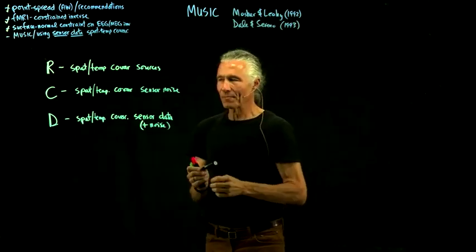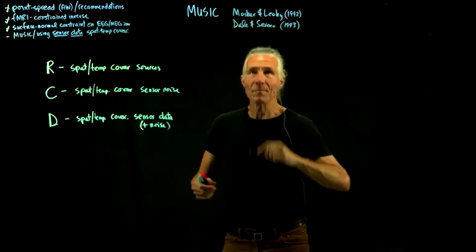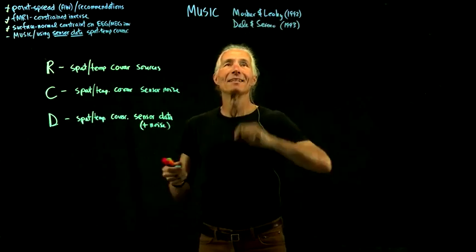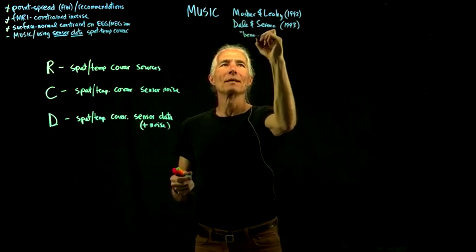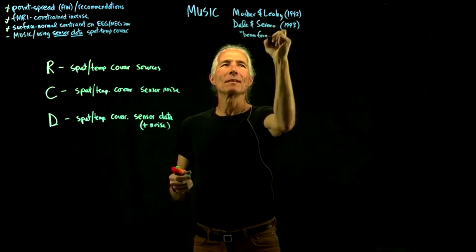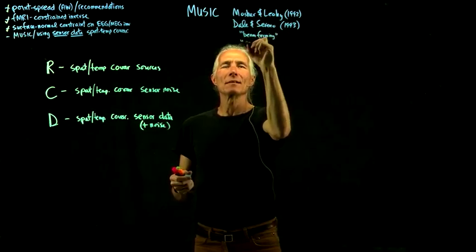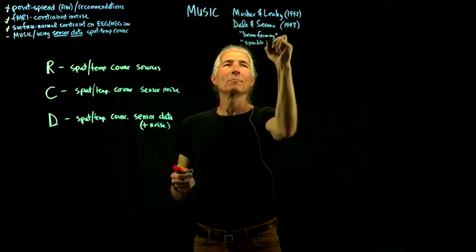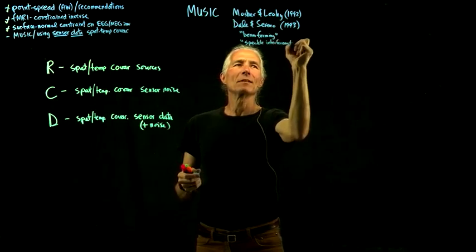But it's not a new idea. It's sometimes called beam forming, if you want to read the literature. That's a very similar idea. And it's been heavily used in astronomy for speckle interferometry.